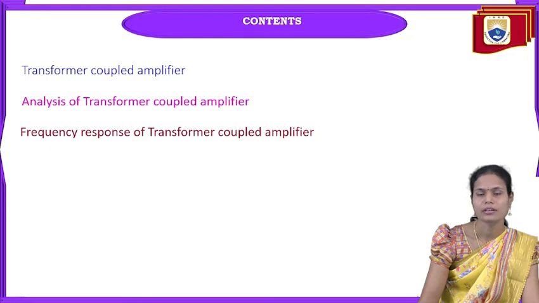That is, at low frequency signals, what is the response, at high frequency signals, as well as for the mid frequency range, how the gain is varying. According to that, how the response is varying, we are going to see here. The frequency response of the amplifier depends upon the different types of capacitors which are present in the circuit.